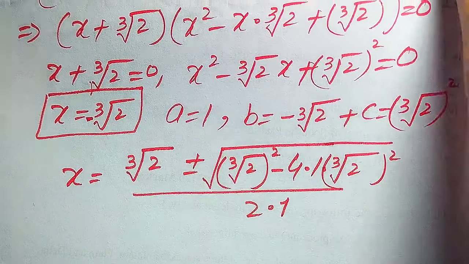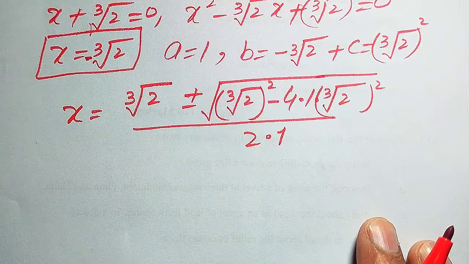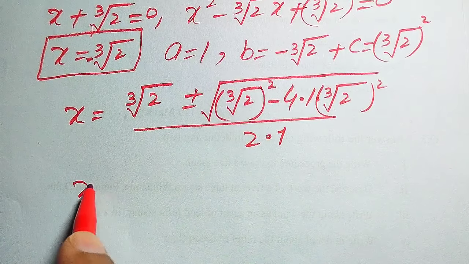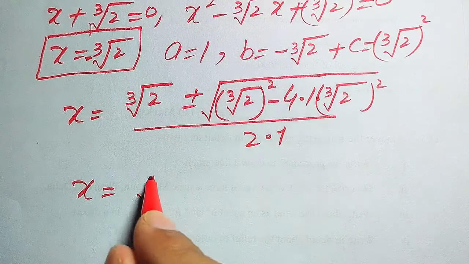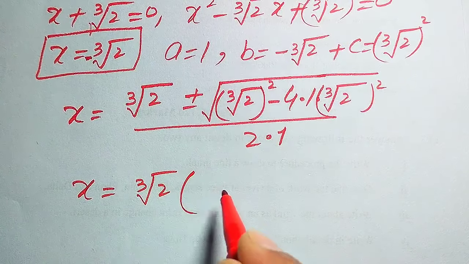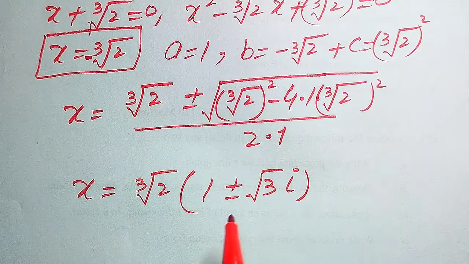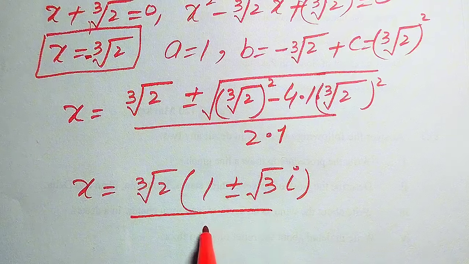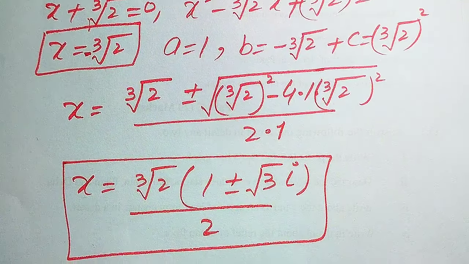Here our a is equal to 1. So we need the same calculation as in the first equation, and we easily get the roots of this equation: cube root of 2 into 1 plus minus square root of 3 into iota, divided by 2. So these are the other two complex roots which we get from the second equation.